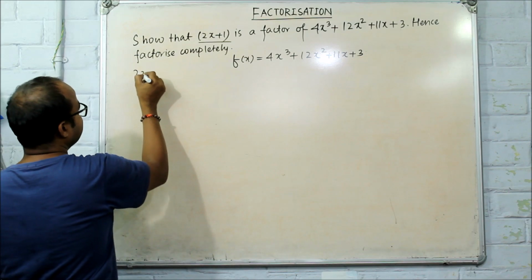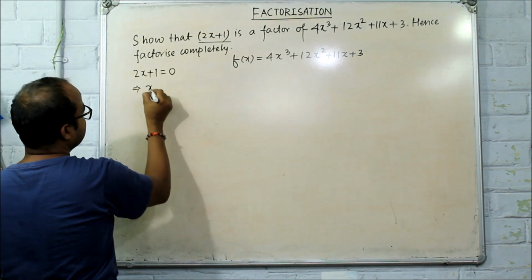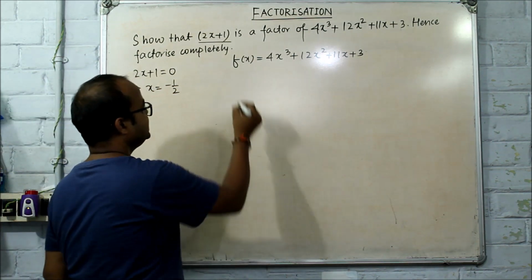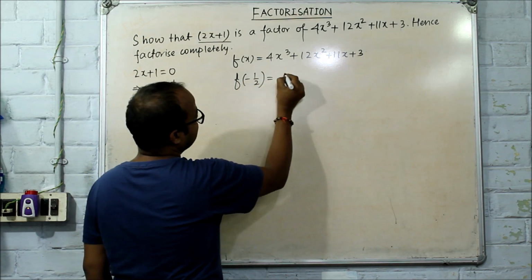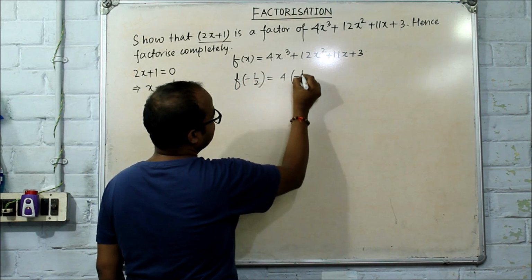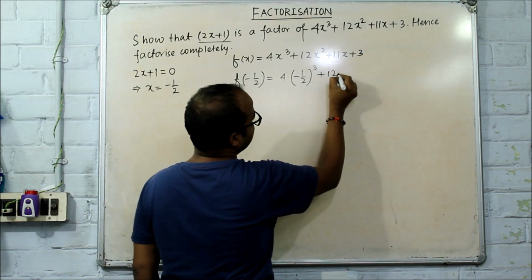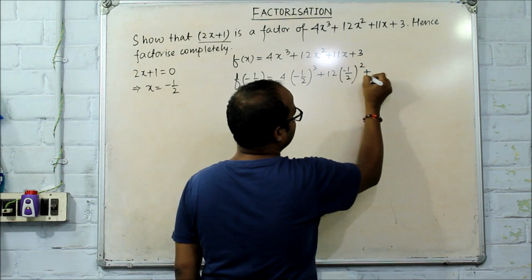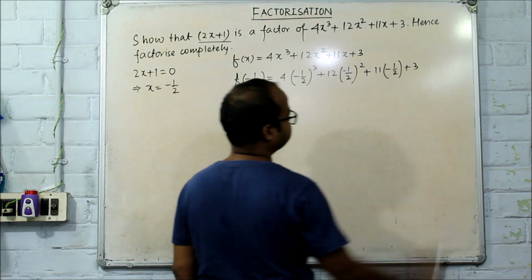Again I am repeating the way we did in the remainder theorem. Equate 2x plus 1 is equal to 0. So we will get x is equal to minus 1 by 2. Replace it here. f of minus 1 by 2. So we will get 4 into (minus 1 by 2) cube plus 12 into (minus 1 by 2) square plus 11 into (minus 1 by 2) plus 3.